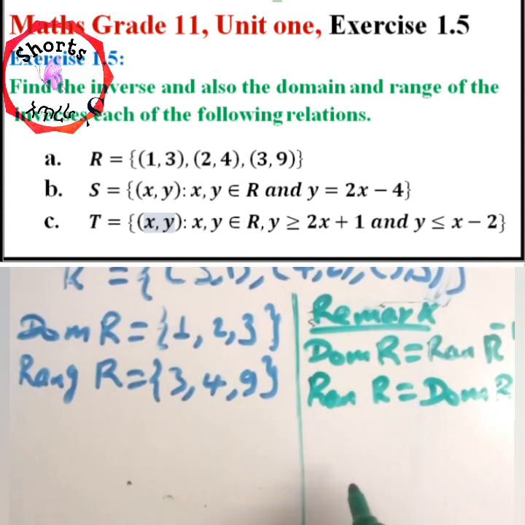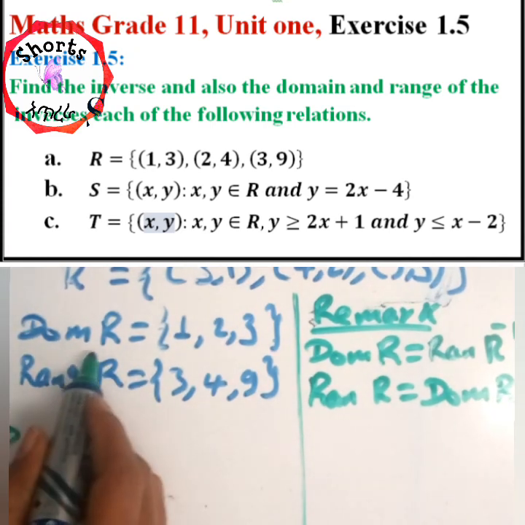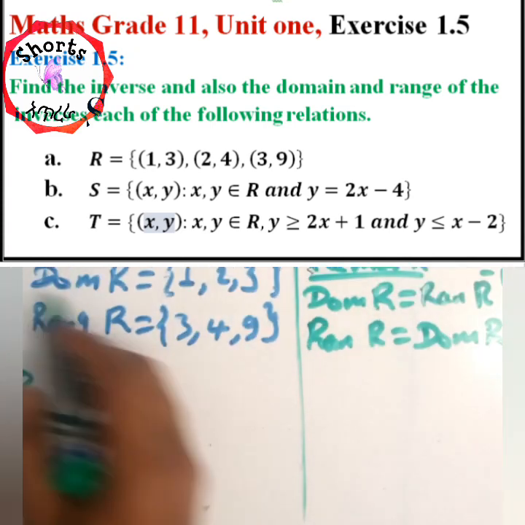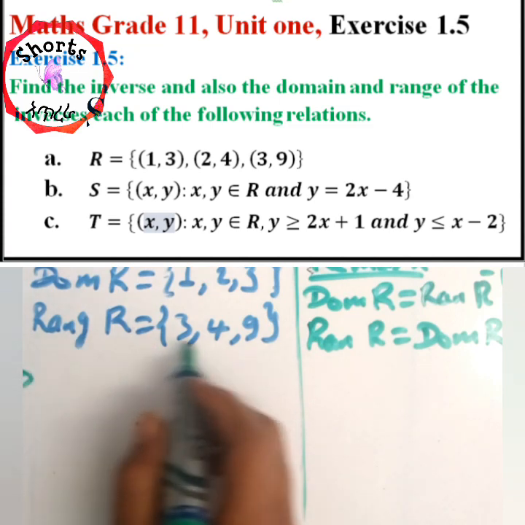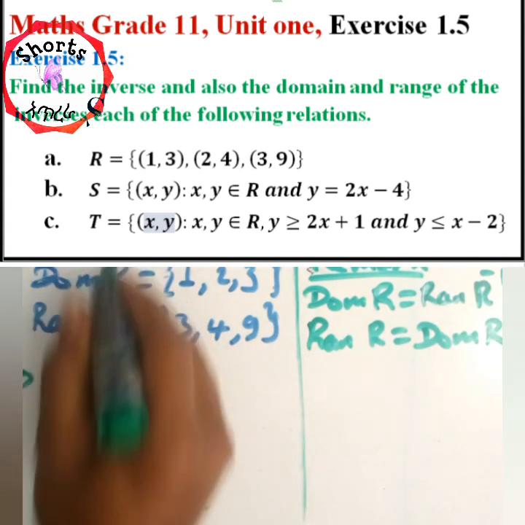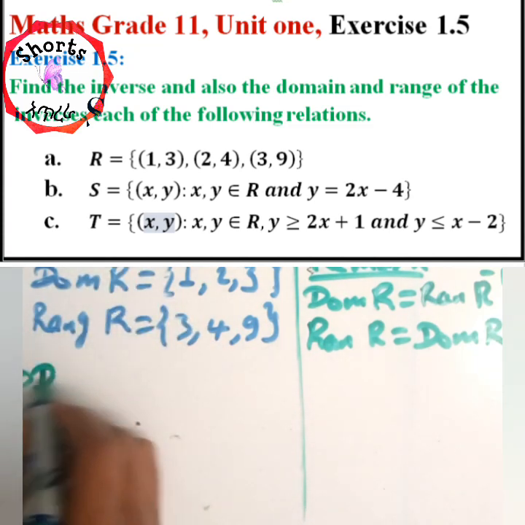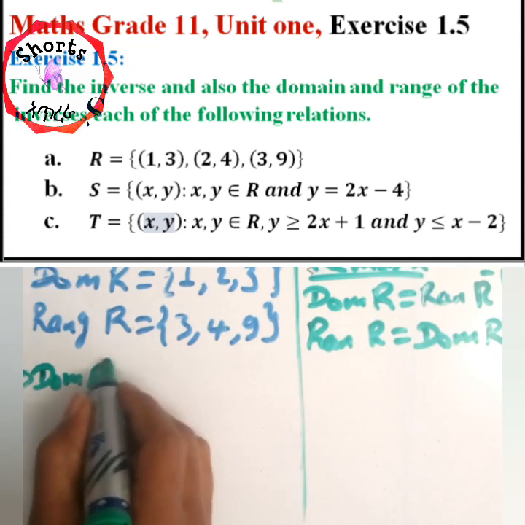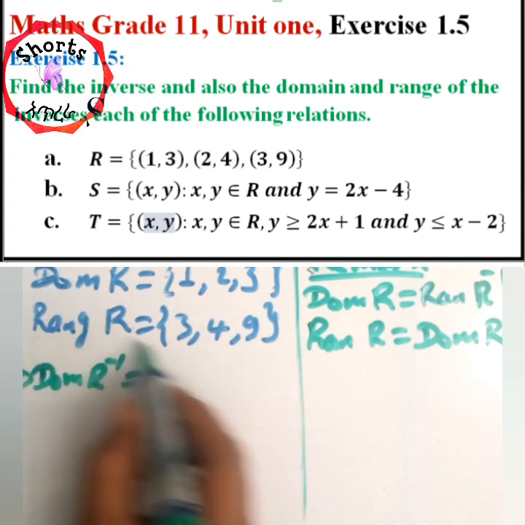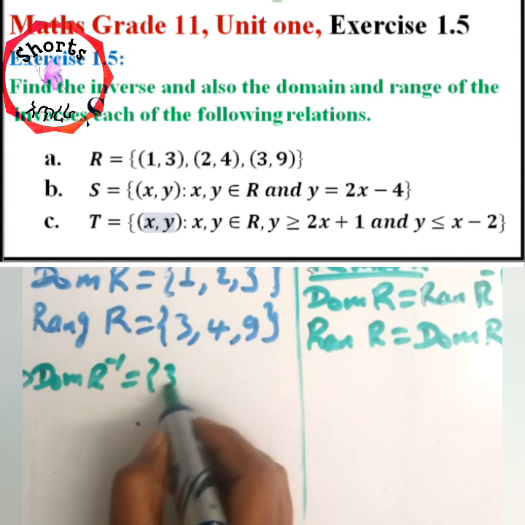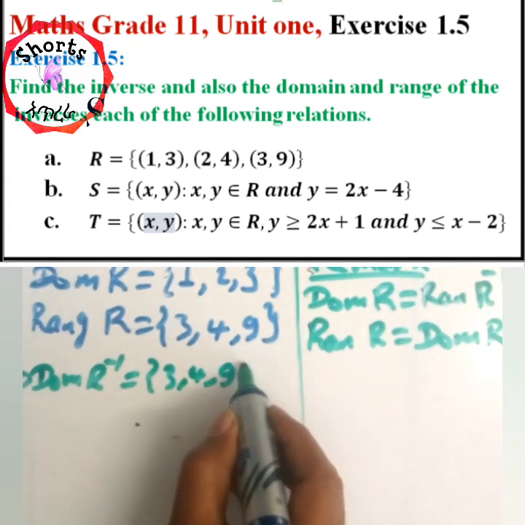Hence, in our problem, the domain and the range of R are already determined. Therefore, the domain of R inverse is the range of R, which is the set containing 3, 4, and 9.